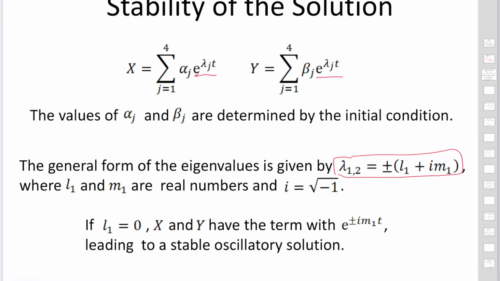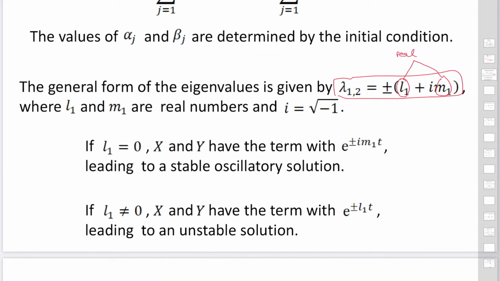Plus or minus l sub 1 plus or minus i m sub 1, where l sub 1 and m sub 1 are real numbers and i is the imaginary unit. If l sub 1 is 0, x and y have a term of exponential i m sub 1 t.